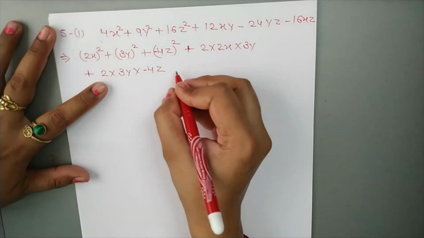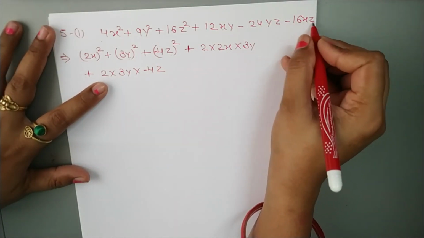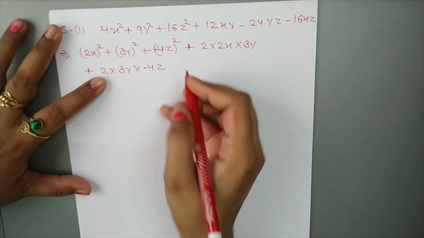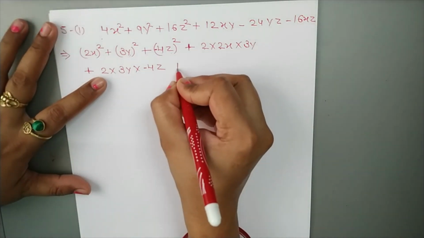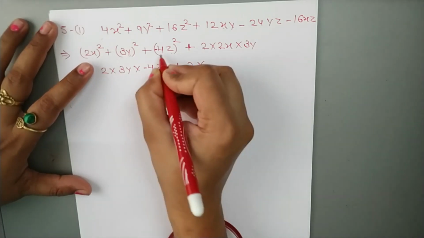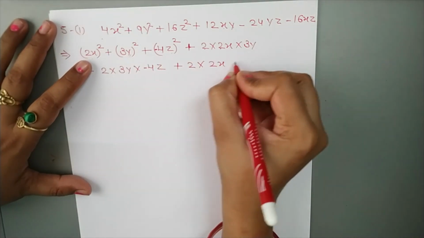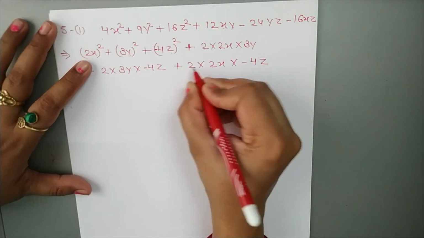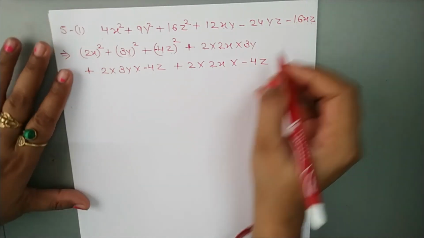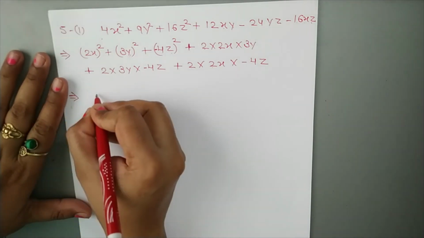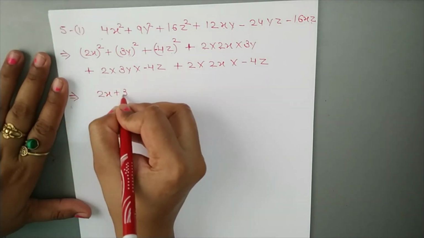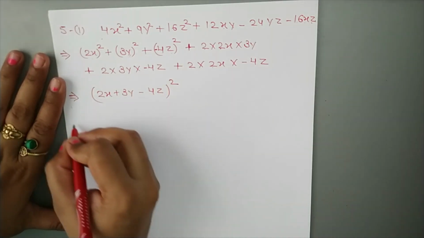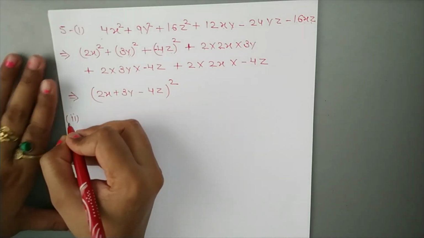Then here is also minus, yes, it means our assumption is right. So it will be plus 2 into ca, 2x into minus 4z, 4 2s are 8, 8 2s are 16, that is 16xz. So it is 2x plus 3y minus 4z whole square. Okay, move on to the second part.